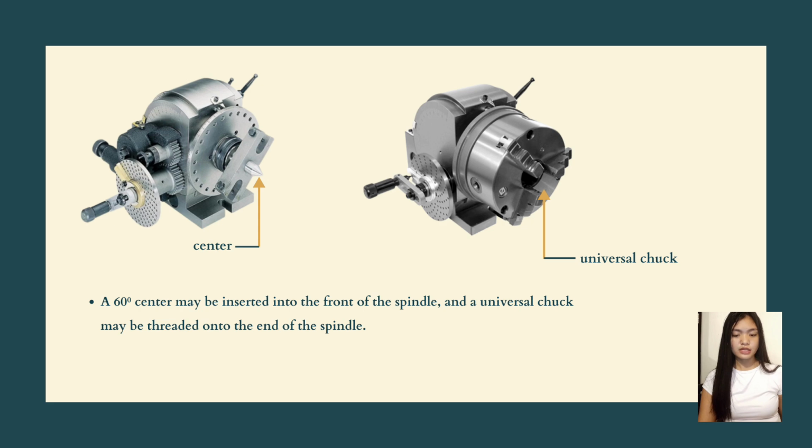Using a universal chuck: a universal chuck is threaded into the end of the spindle. This offers greater versatility as it can hold workpieces of various shapes and sizes without requiring a center hole.